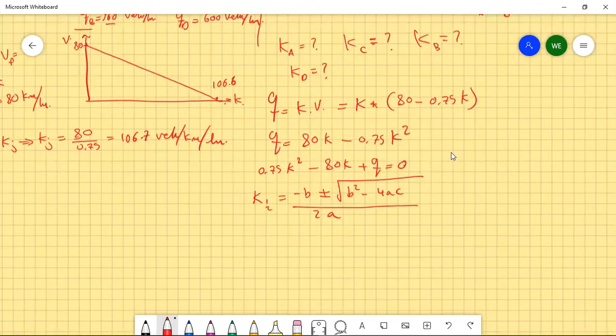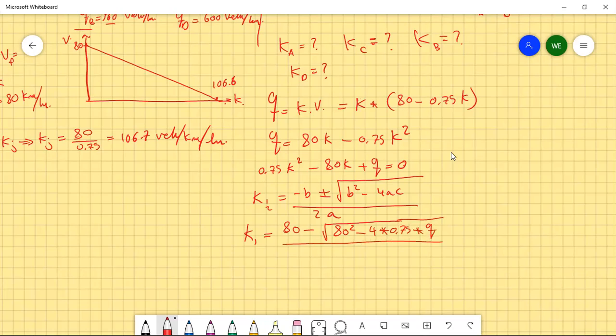So we have k1 equal minus b, which is 80, plus or minus the square root of 80 square minus 4 multiply 0.75 multiply Q, divided by 2 multiply 0.75. And once we put this minus and once we put this plus.